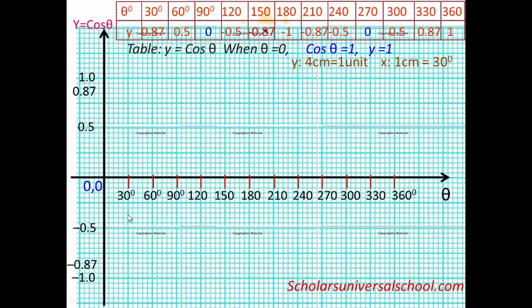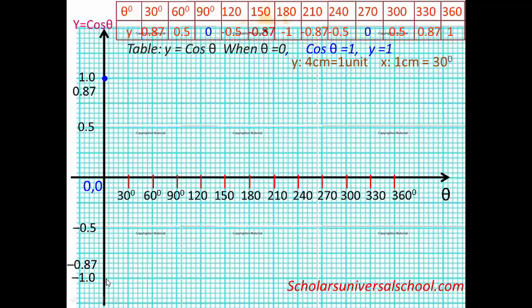First, we deal with the fact that cos theta equals 1 when theta equals 0. Recall that along the x-axis, which is representing the theta axis here, the value of y is 0.